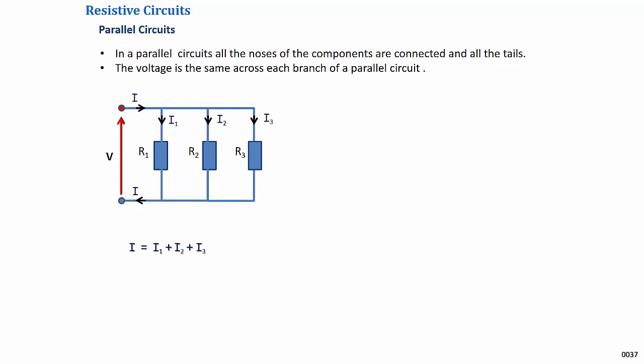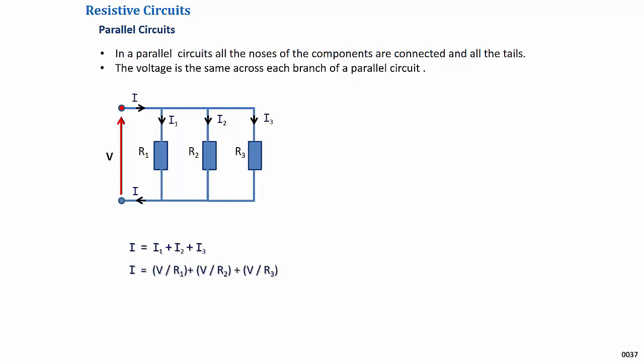As the current flowing into the circuit must be the same as the current flowing out of the circuit, the total circuit current I must equal the sum of the branch currents I1, I2, and I3.